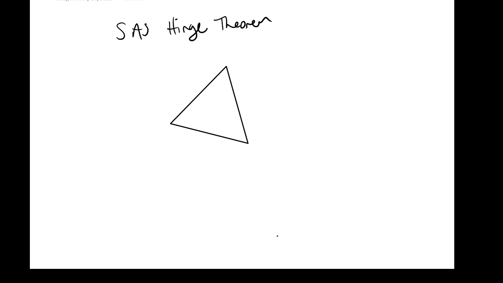So let's take a triangle, and we're going to draw another one that looks almost identical to it. In my case, I just made it identical, but these ones won't be that way. Remember, don't worry about what the diagram looks like. Worry about what it actually is or what it's marked as.